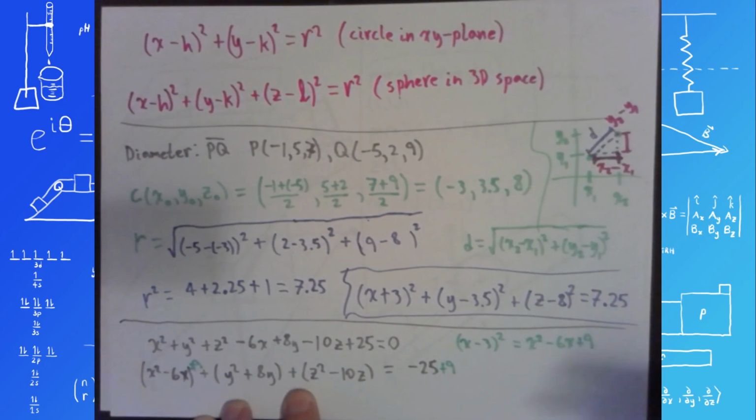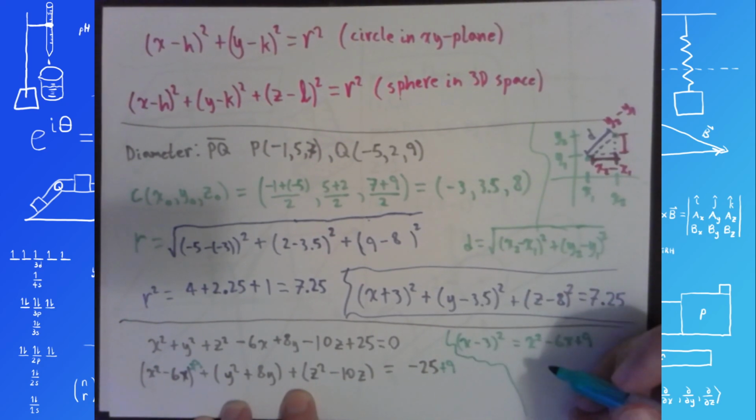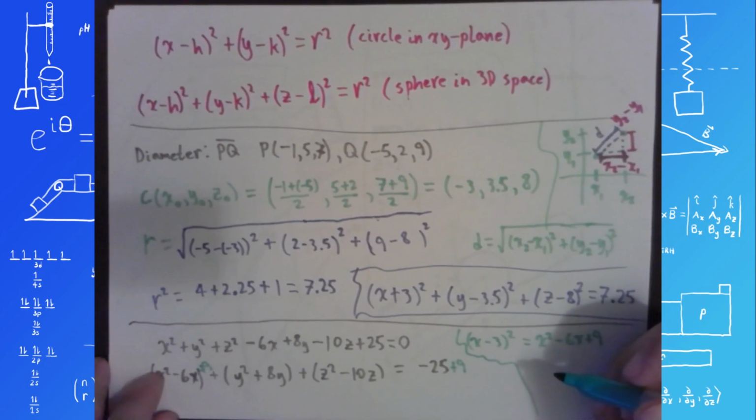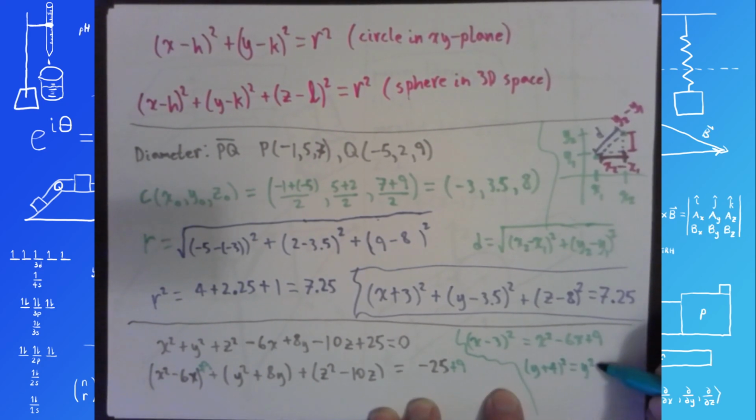Similarly, the plus 8y would come from y plus 4 squared, which would be y squared plus 8y plus 16.